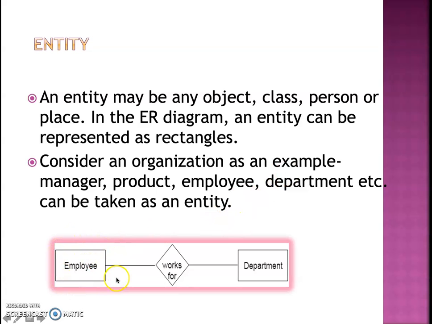We can see in this example, this is an organization, which has many entities like a manager, a product, an employee, department, etc. Now, an employee and a department are two entities which are related, and this can be represented as employee works for department. This is a relationship between the two entities in an organization.